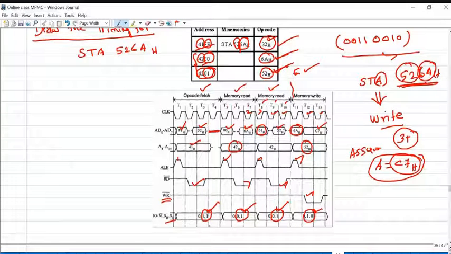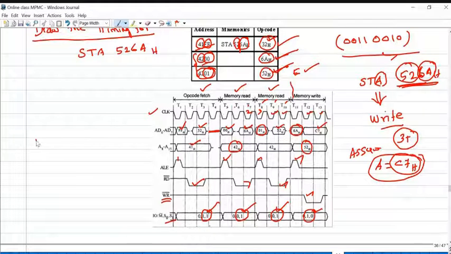So we need to mention how many clock pulses are required and the AD0 to AD7 information, A8 to A15 information, ALE, read bar, write bar, IO/M bar, S1 S0 during each and every machine cycle. Here the opcode fetch is one machine cycle. Memory read is another machine cycle. Memory write is another machine cycle.